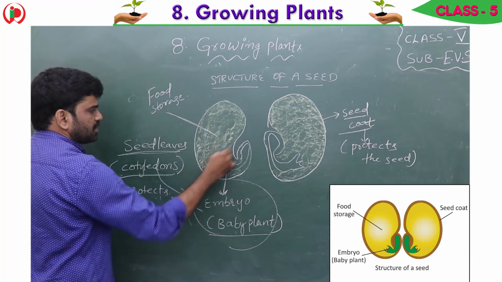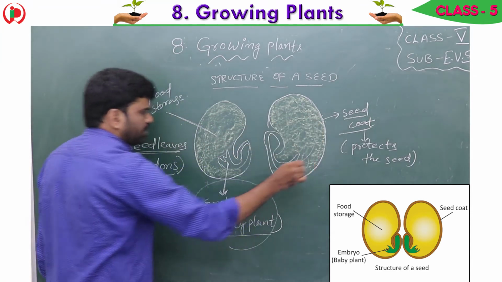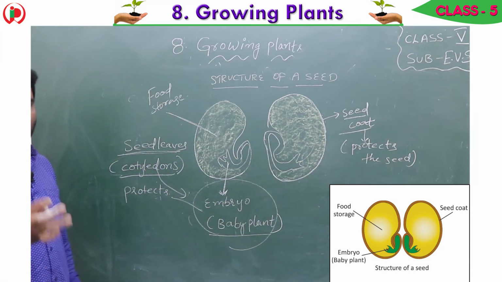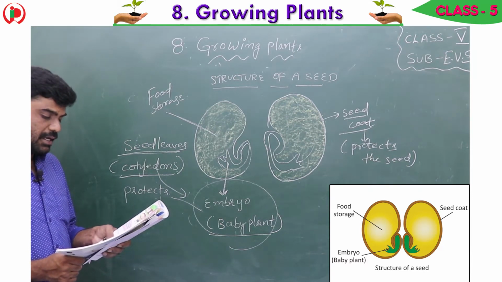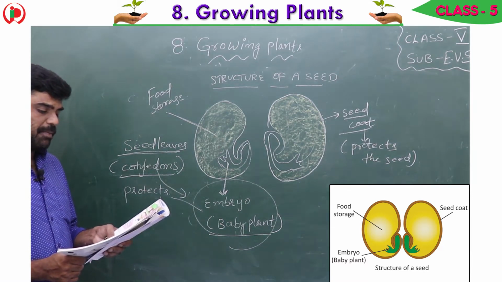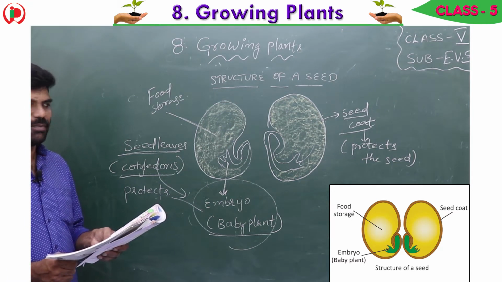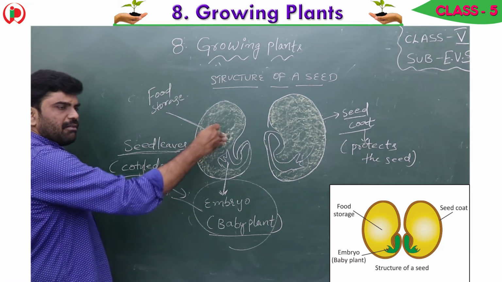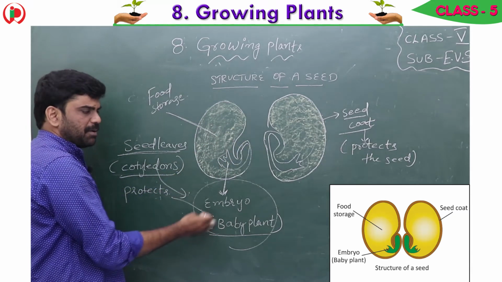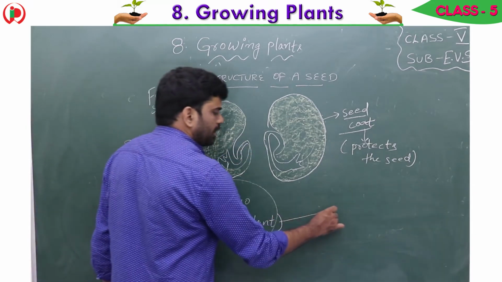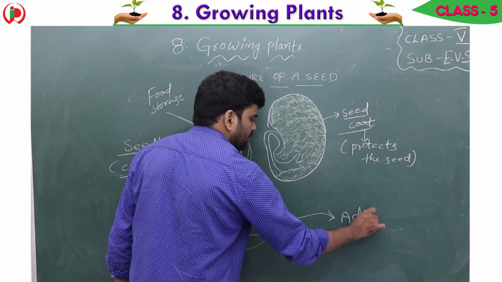Later, the seed develops into a seedling, which is called the baby plant. This baby plant slowly develops into an adult plant.